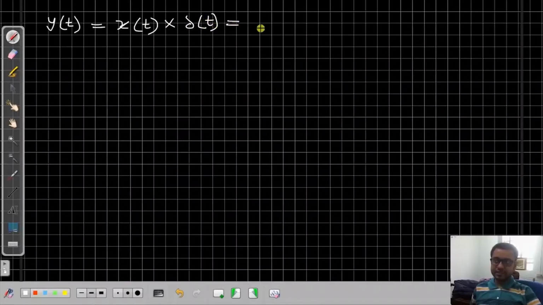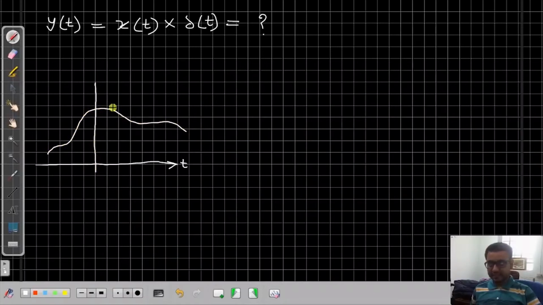Then this is equal to what? Let me draw first some arbitrary signal, time versus some arbitrary signal which is like this.